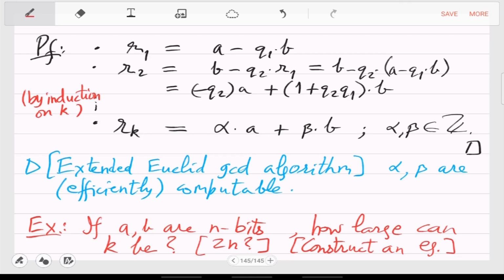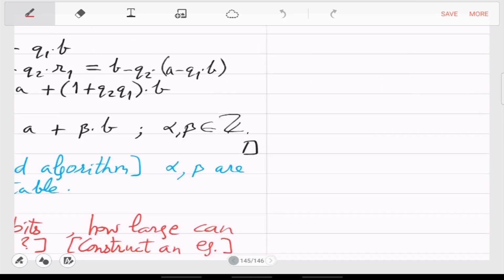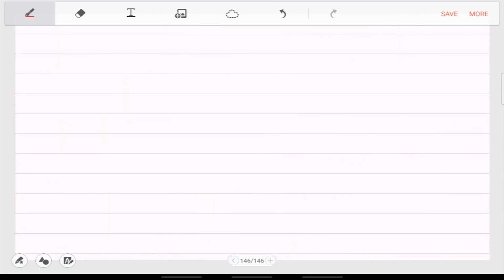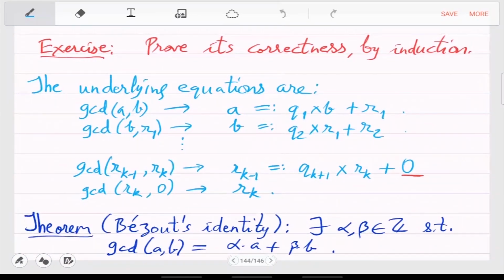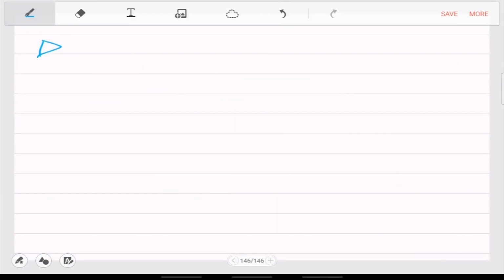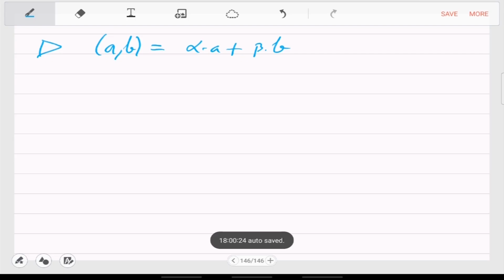Yeah, so another property is, so once we have the Bezout identity, any questions till now? So once you write GCD equals alpha A plus beta B, what I want to show is that this alpha, beta is in some sense unique.